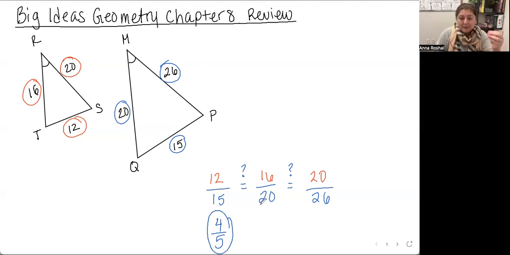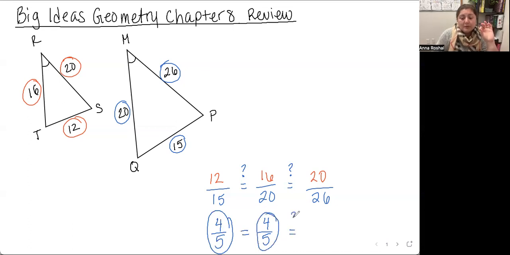So it doesn't matter how you get there, you just need to get there. It may take you 1 step, 2 steps, 10 steps, so long as you're there. So now I'm going to divide this by 4 and this by 4, and I'm going to get 4/5. Okay, so far these two equal.